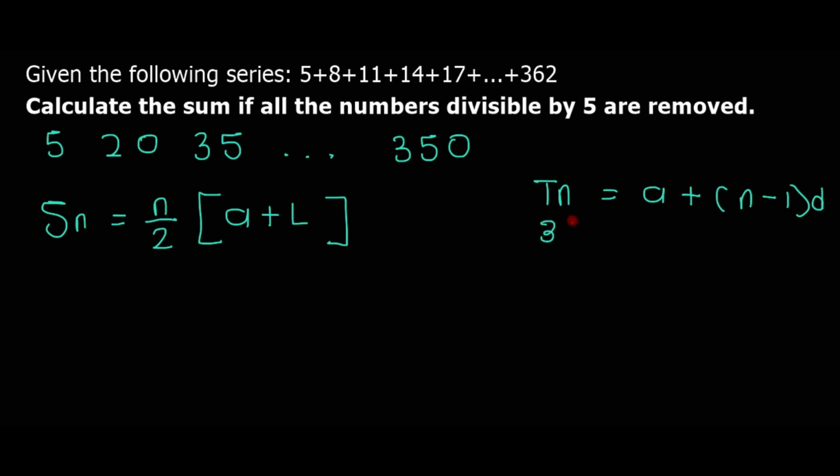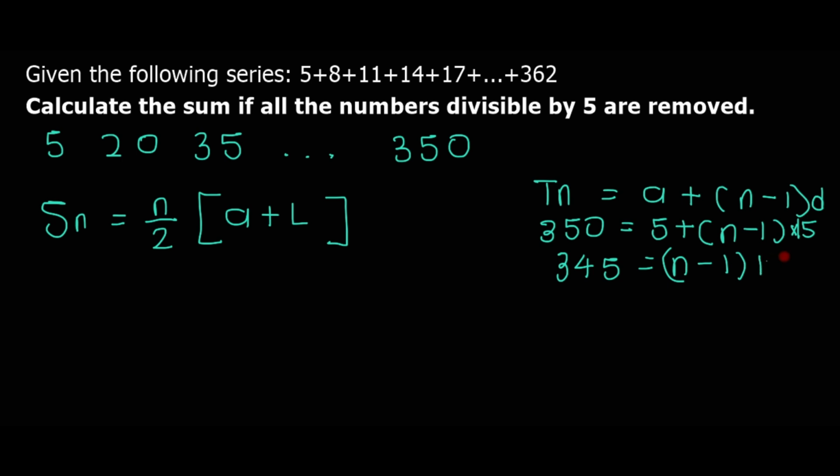Our last term is 350, our a is 5, and our common difference is 15. So 350 minus 5 is 345, and then you can divide both sides by 15, and you are going to get 23. So 23 equals n minus 1, and therefore n is 24.